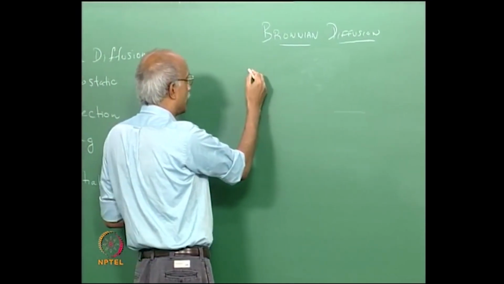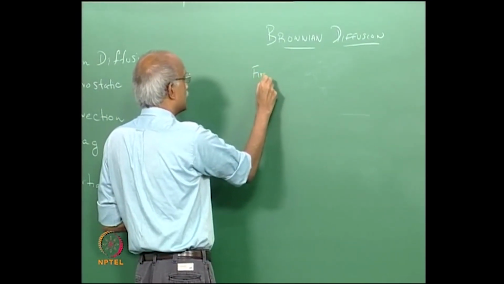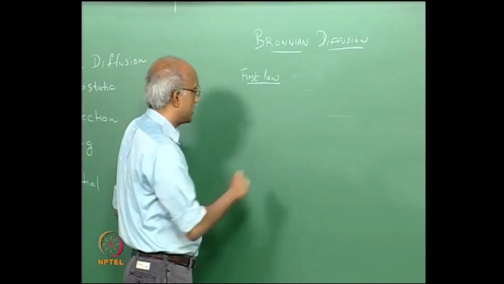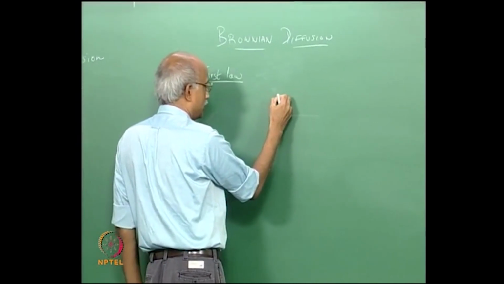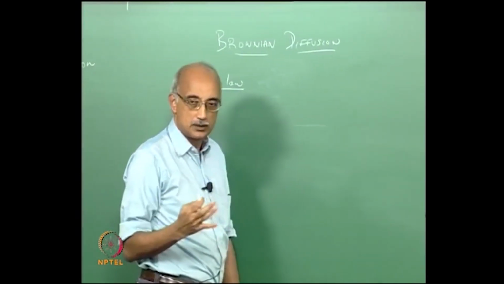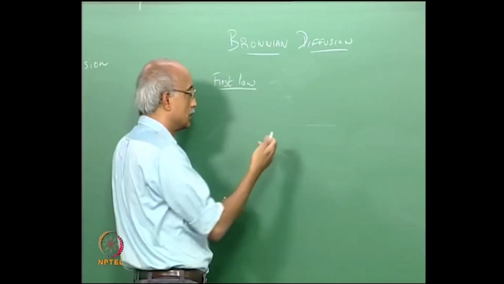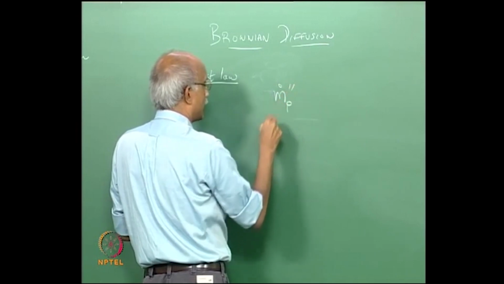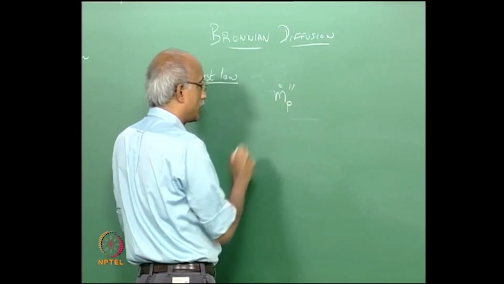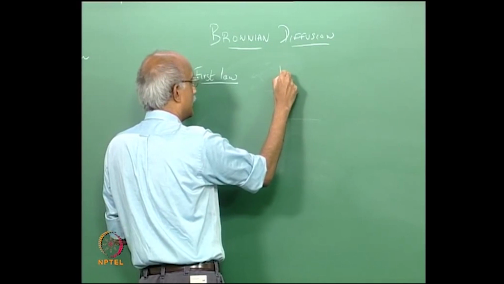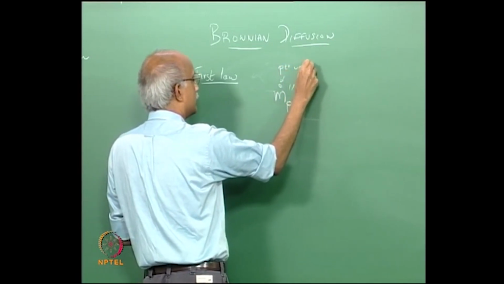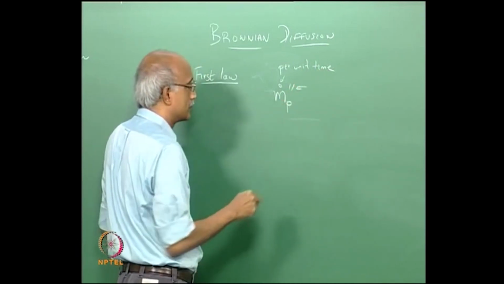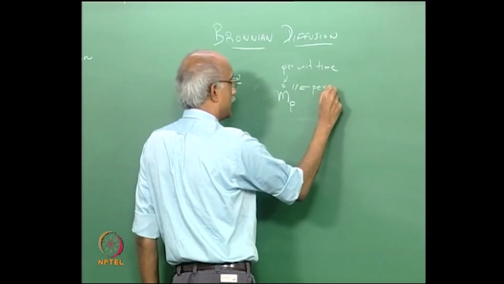Similarly, for particles also there is a first law of diffusion, which would say that if you look at the particle flux, the transport flux due to diffusion, let us call that MP dot double prime, where P represents the particle, the dot represents per unit time, and the double prime represents per unit area.